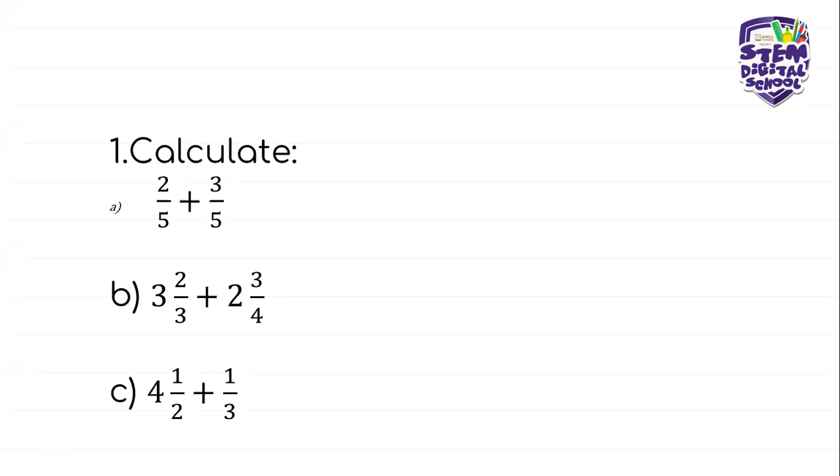So the denominators are not the same there. So when the denominators are not the same, all that you need to do is to check what is the common or the lowest common denominator. As you can see, the lowest common denominator will be 12. So 12 is the lowest common denominator because you simply multiply out.